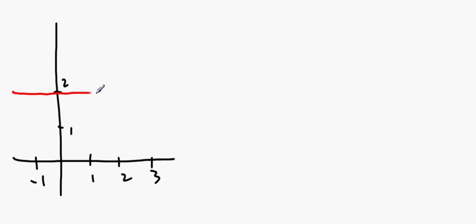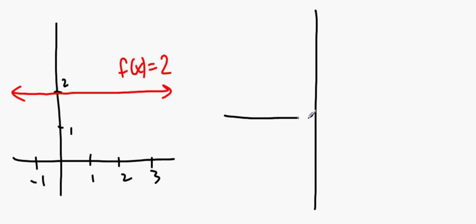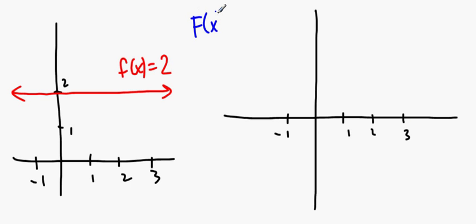Let's pretend, just for argument's sake, that we are graphing over here the function f of x is 2. And over here we have some function capital F of x.